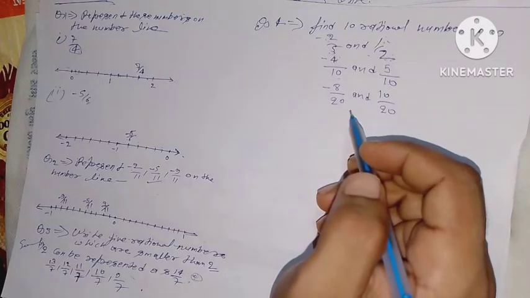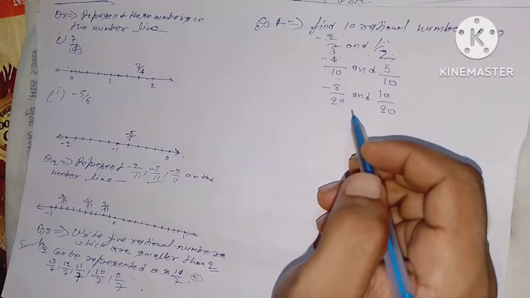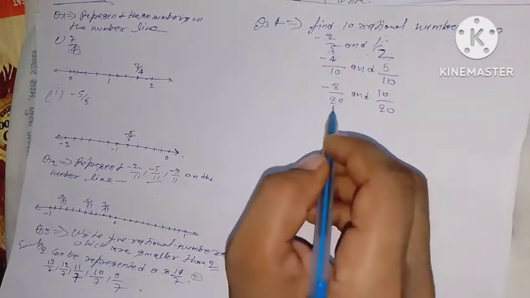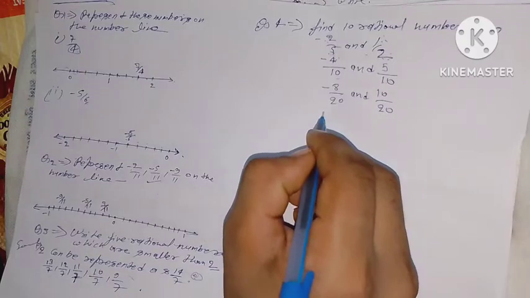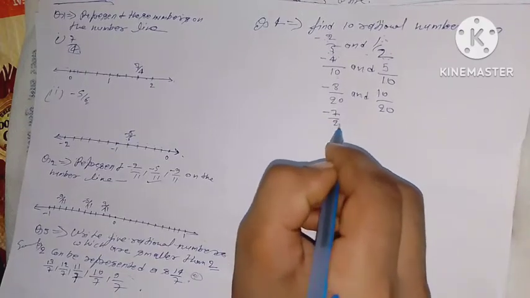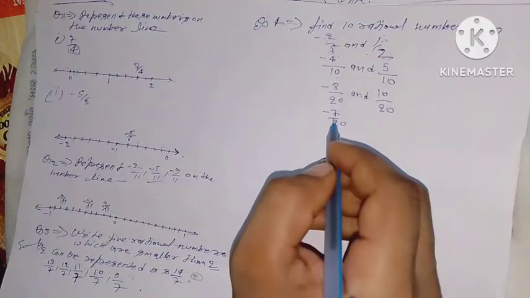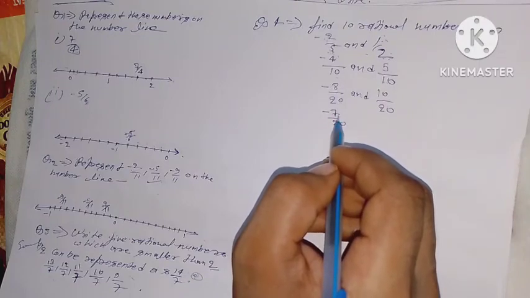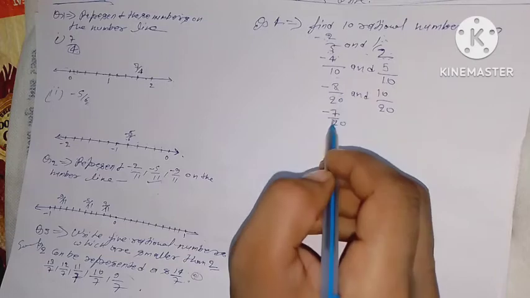Then the 10 rational numbers present between minus 2 by 5 and 1 by 2 are minus 7 upon 20. Minus 7 is greater as compared to minus 8.